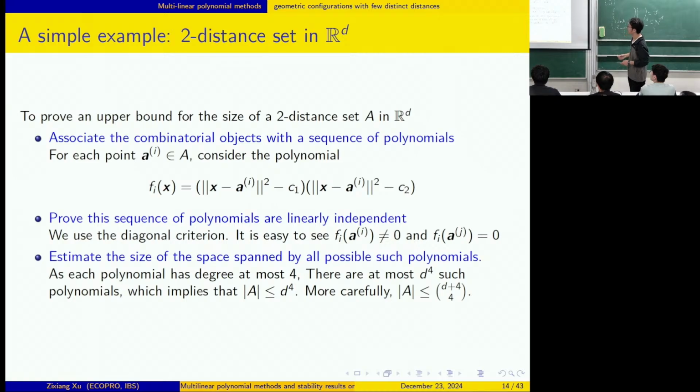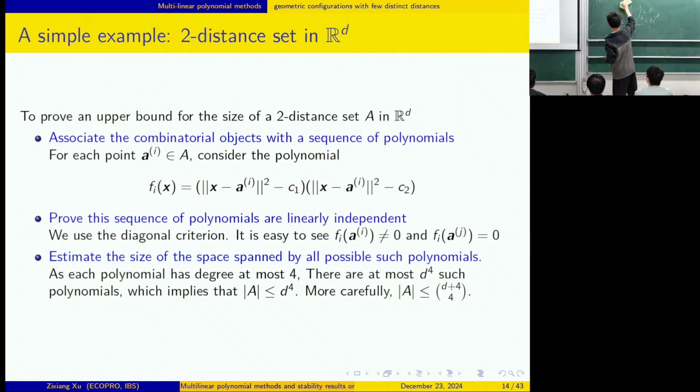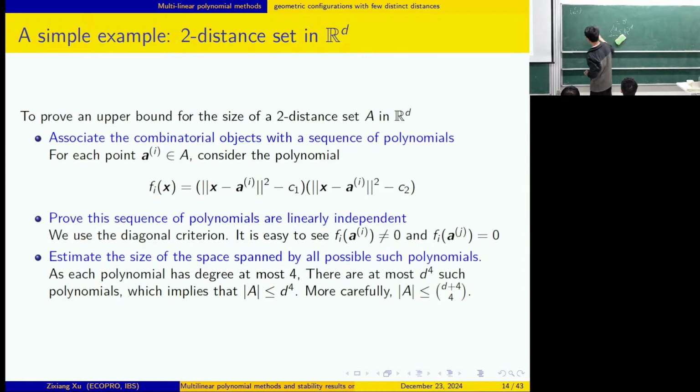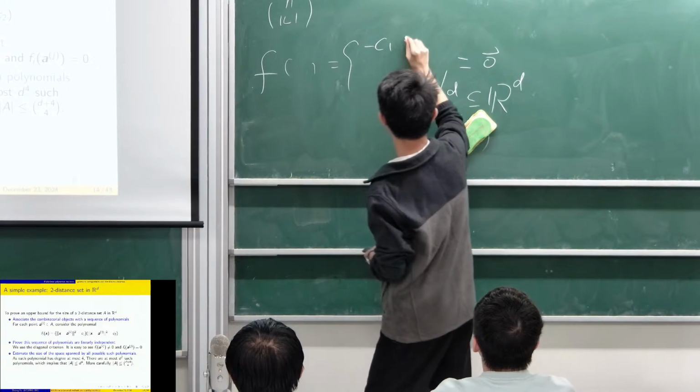The second step is very easy to prove, they are linearly independent, because if we assign a_i, then because the distance of a_i and itself is 0, the value is C1 C2.